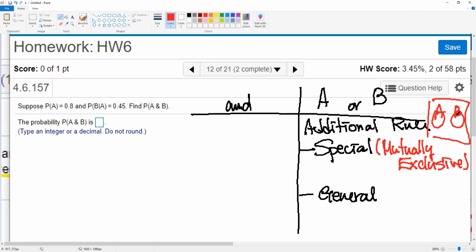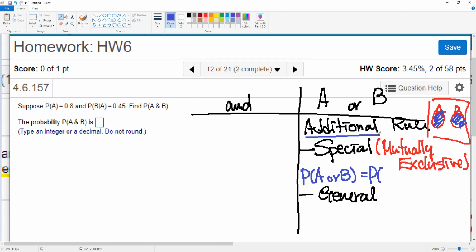So in this case, for the probability of A or B, when it is the special case, mutually exclusive, we simply add the two probabilities.